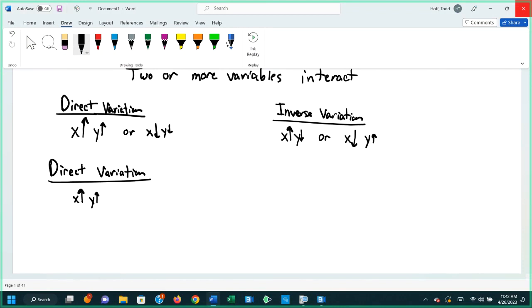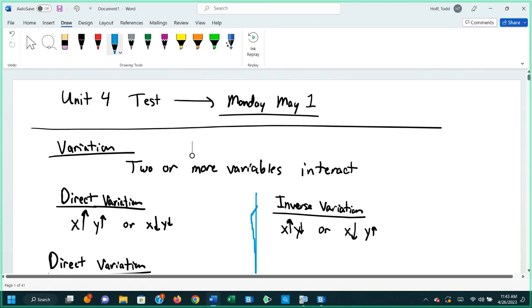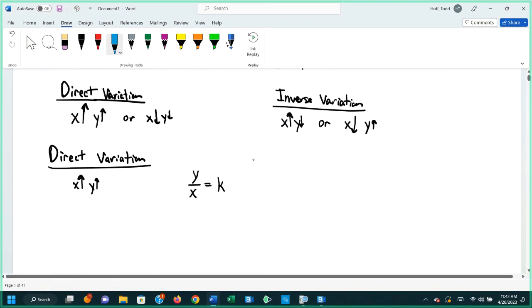The definition of direct variation is simply that the ratio y over x equals a constant. Because of this, direct variation is often referred to as a constant ratio.